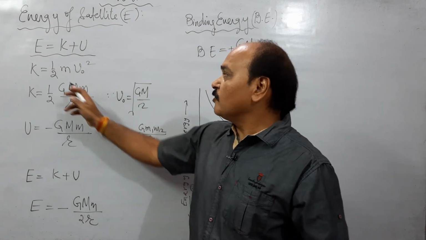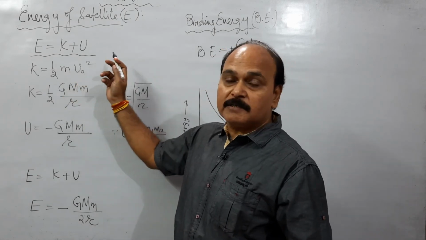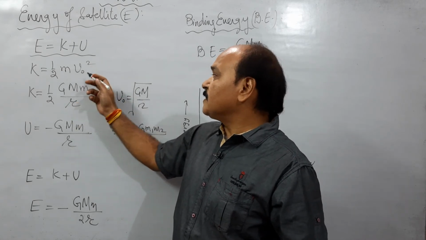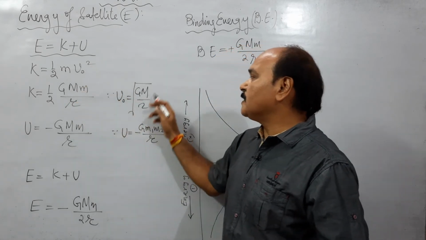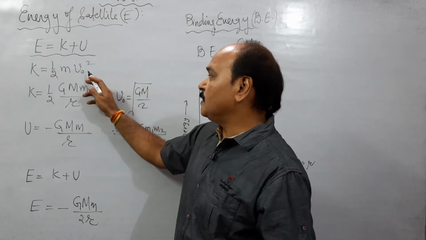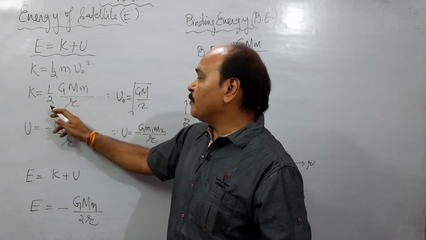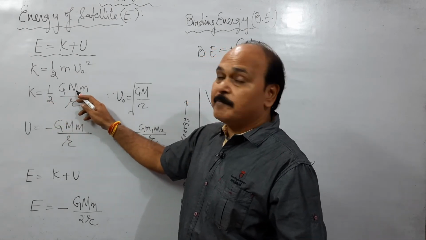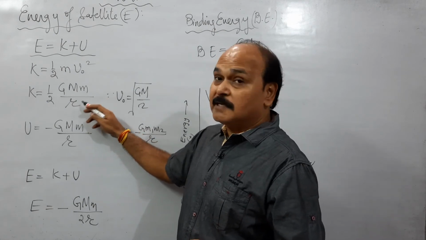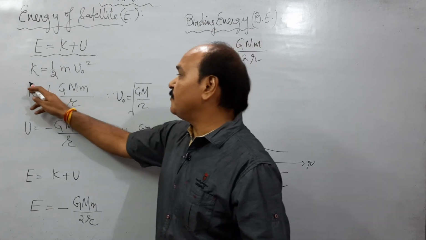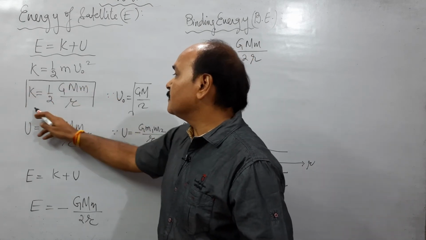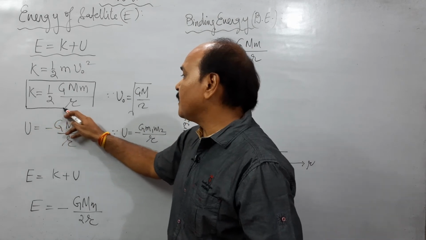Kinetic energy is 1/2 m v naught square, where V naught is orbital speed. If we substitute the value of V naught, root of GM by r, which we have found out a short while ago, what do we get? Kinetic energy as 1/2 G M m upon r, M the mass of planet, m the mass of satellite, and r the distance between them. So this is expression for kinetic energy of satellite.